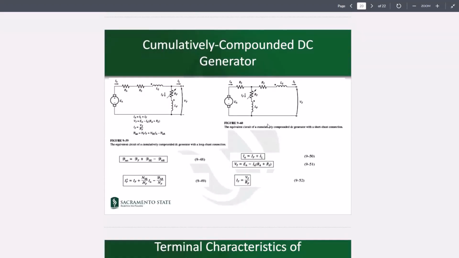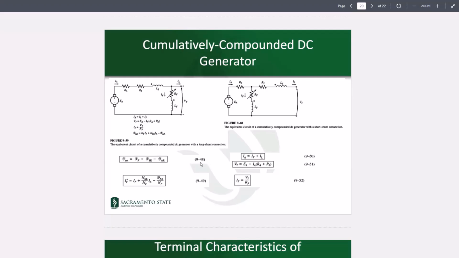All right, so the same way that you had compounded DC motors, you can have compounded generators, which could be connected in cumulatively or differentially compounded ways. This is showing a long shunt connection of a cumulatively compounded DC generator. The figure on the right-hand side is showing a short shunt connection. So F net, the total magnetomotive force in the machine, comes from the field plus the series minus the armature reaction.